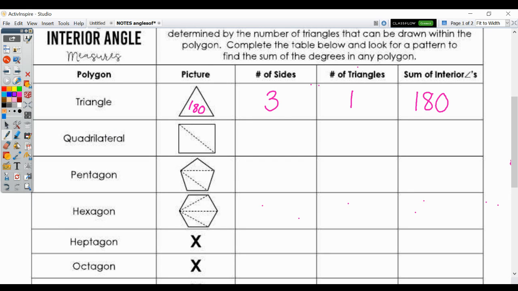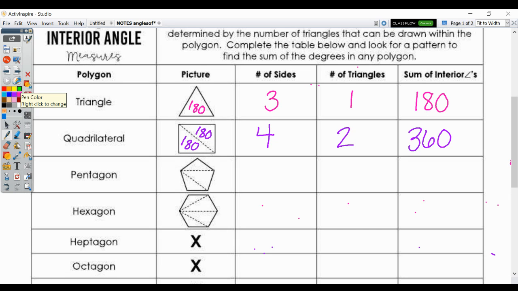Okay, so a quadrilateral. A quadrilateral has four sides. Okay, and if we drew this imaginary line in this quadrilateral, then we see that there's two triangles. Well, there's 180 degrees in that triangle and 180 degrees in that triangle. If we added 180 plus 180, there would be 360 total degrees inside of that quadrilateral.